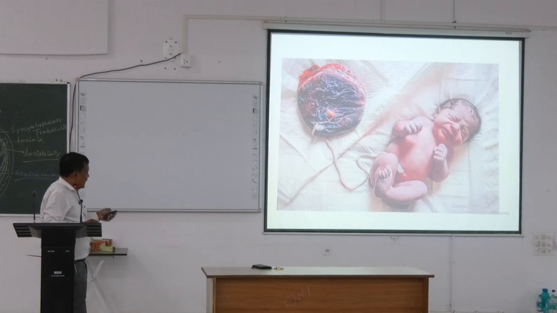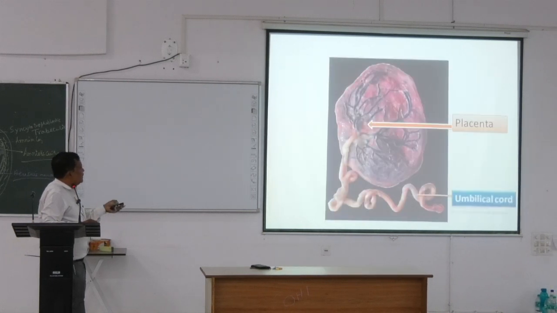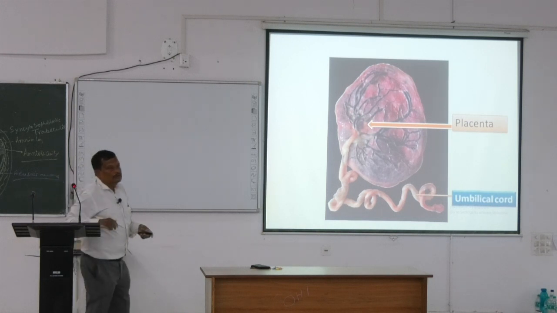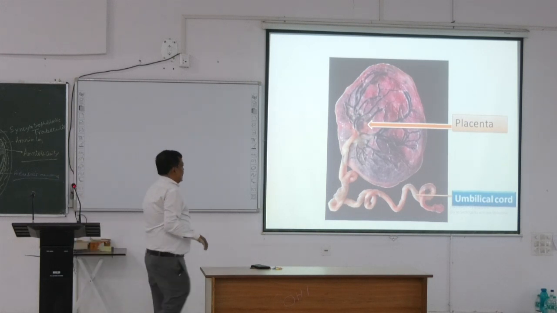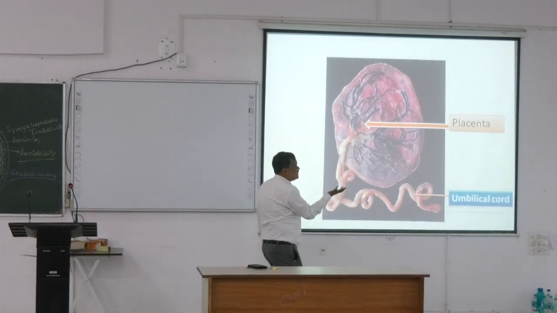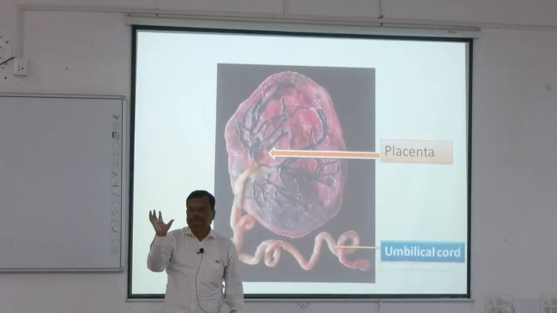We ultimately attach one end to the placenta and the other end to the umbilicus of the fetus. And the placenta is a disc-shaped viscus.